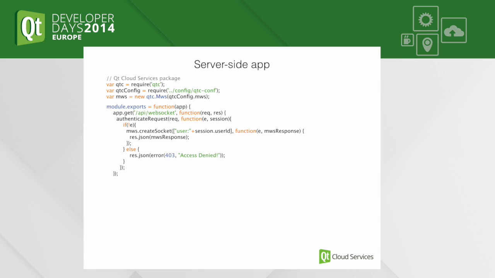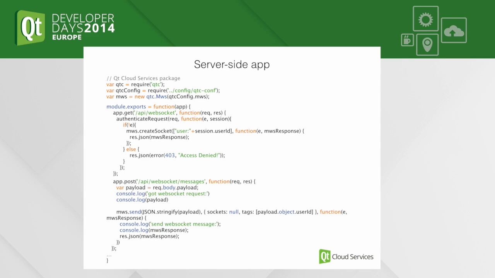There's an API endpoint where our clients can request a WebSocket address. And in this case, our server-side application creates a new WebSocket to the managed WebSocket gateway and adds user ID information to that socket.